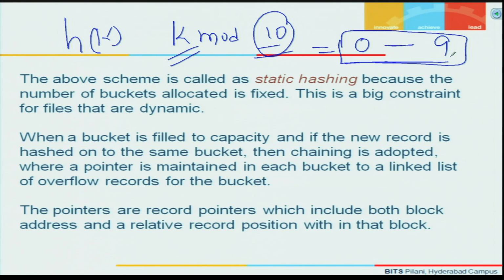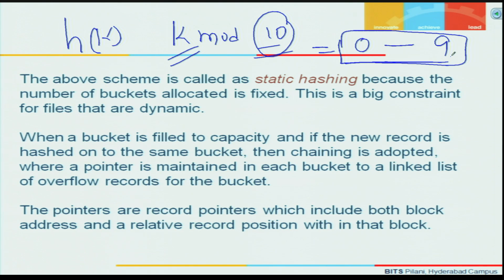When a bucket is full, what do they do in static hashing? If more records are hashing onto the same location, the bucket fills with records.